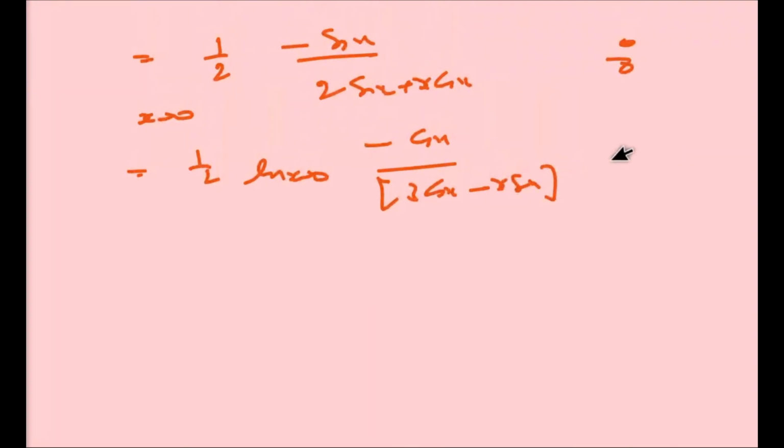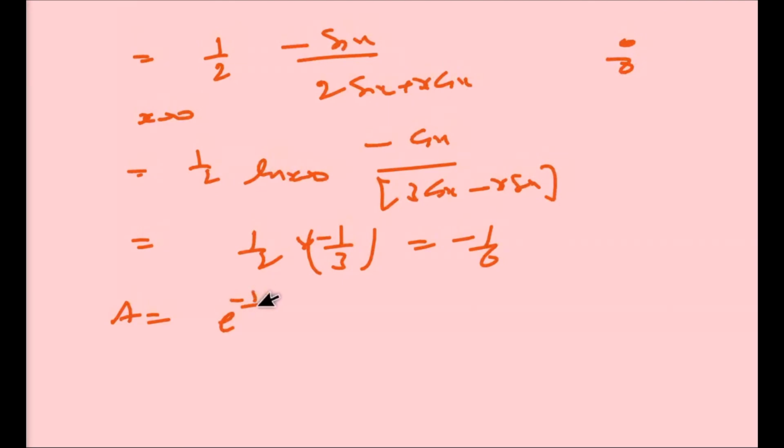You can do the derivative yourself. Okay, now putting the value, what we get here, 1 by 2 into 1 by 3 with minus, so we get minus 1 by 6. So a equal to e to the power minus 1 by 6. That is your required solution.